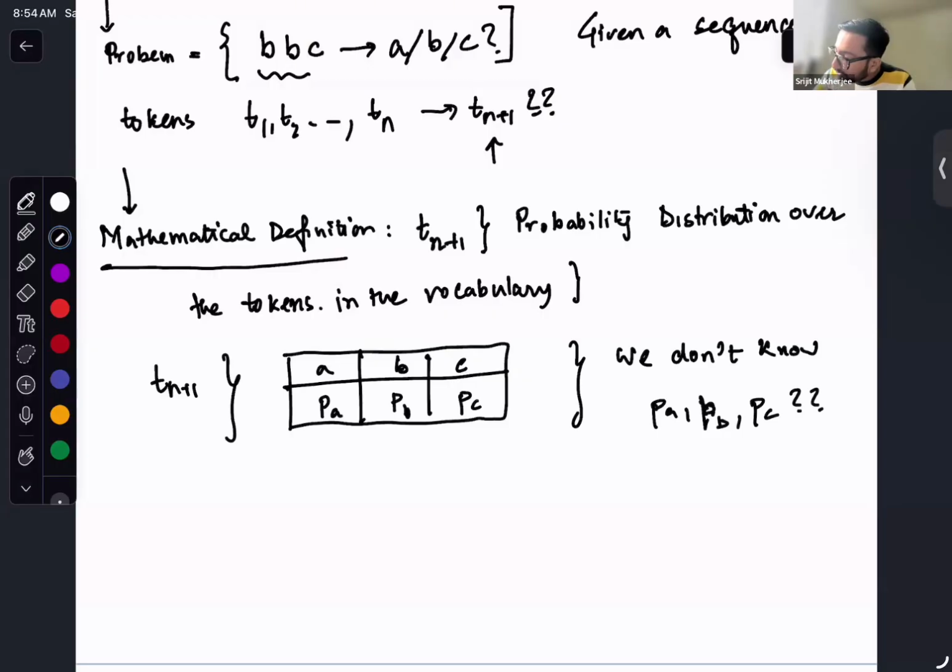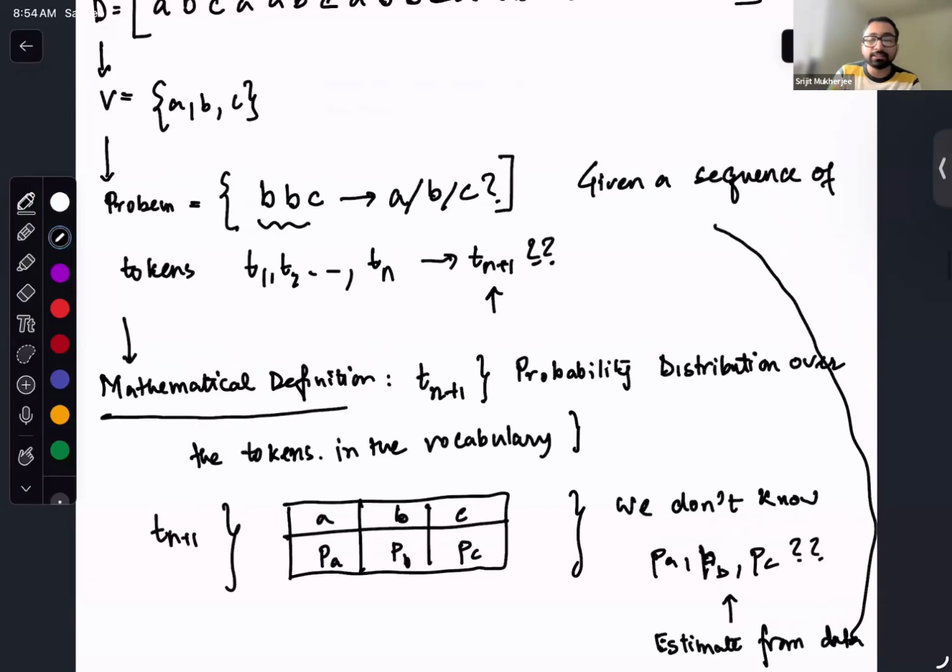Our goal is to estimate these values from the data. Does it make sense, all of you?